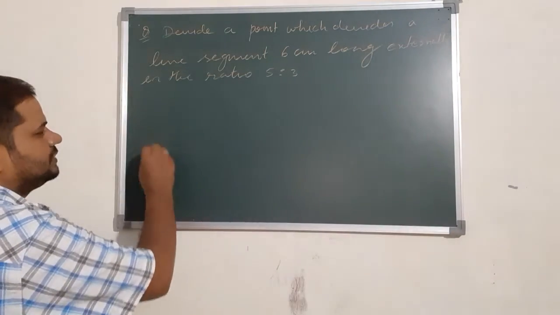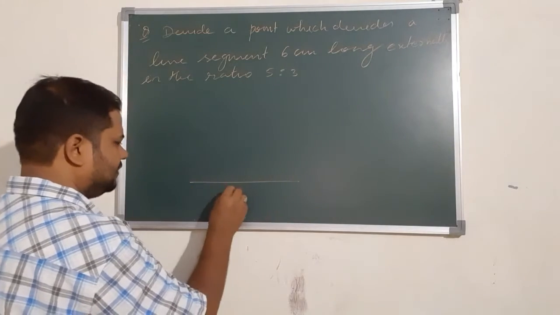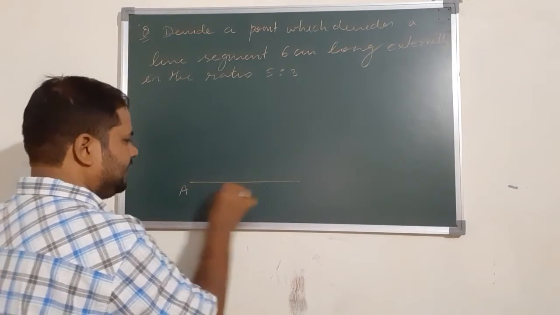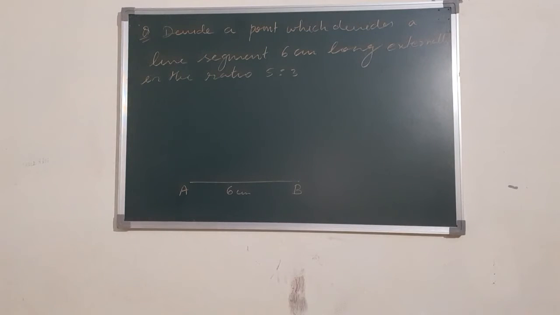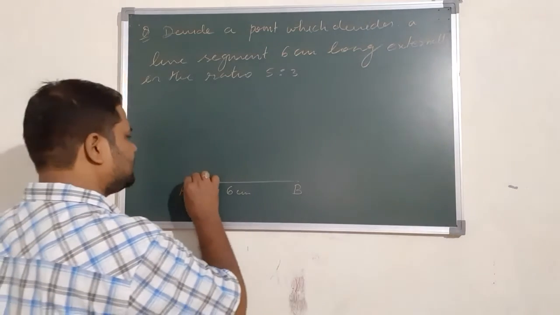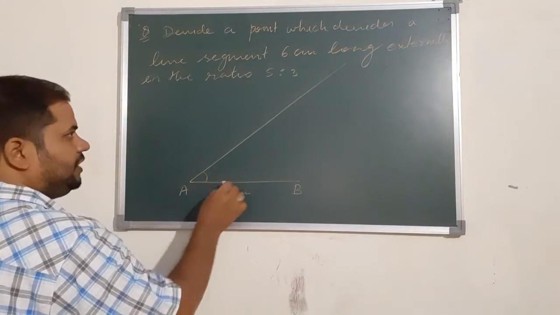So first, we draw a 6 centimeter line AB, and draw any ray making angle BAX with AB. The same process, draw an acute angle BAX.